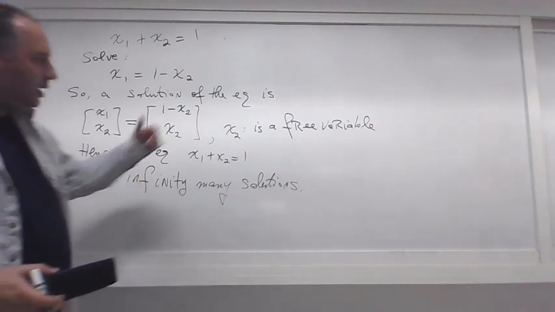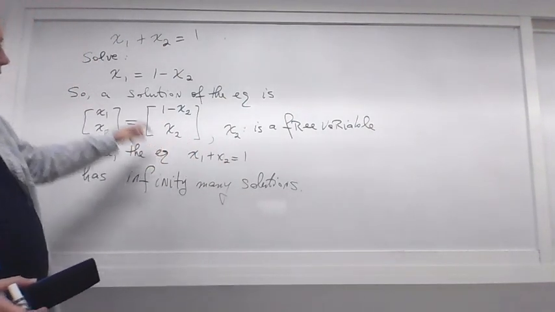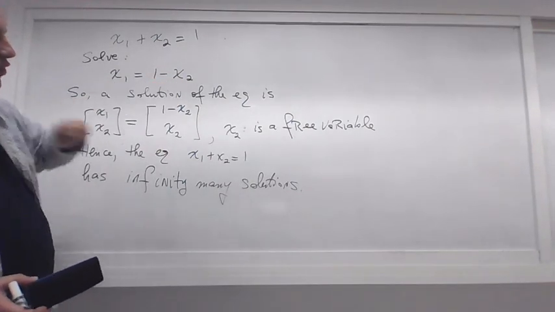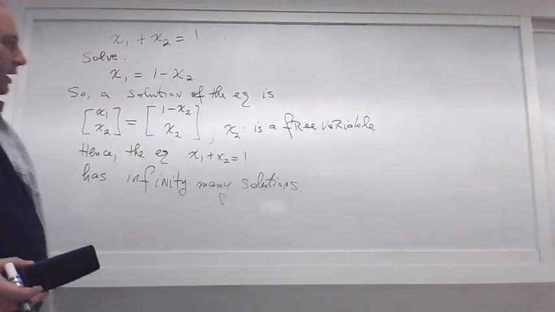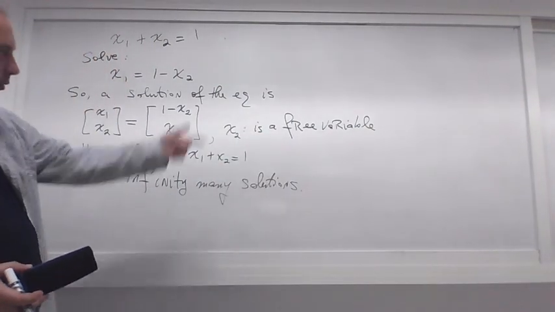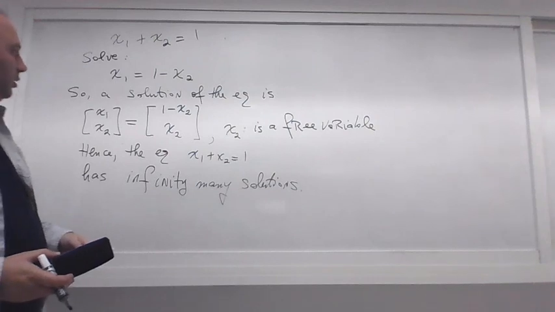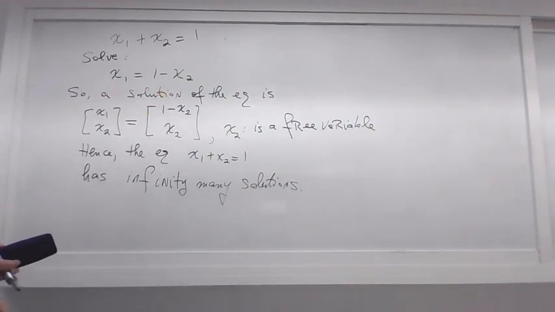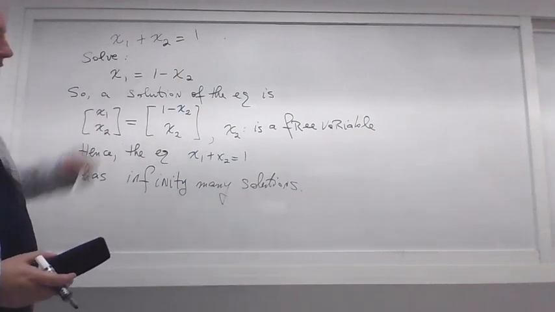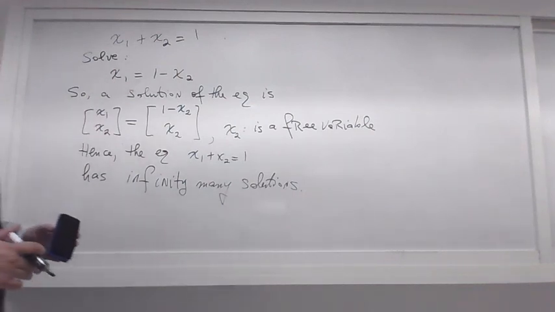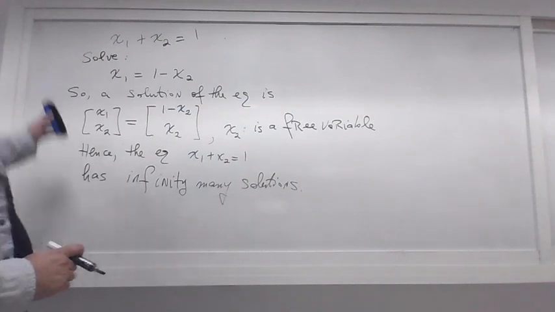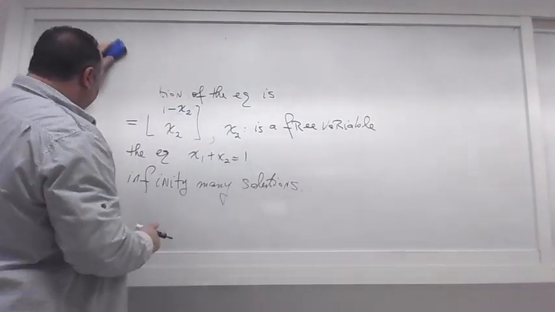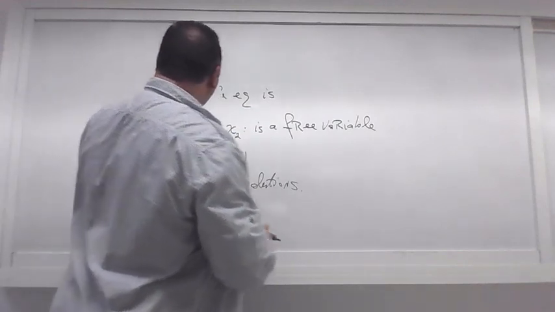But the idea here is to realize that you have one variable that depends on the other, and the other one is free, and it takes any real value. So that's where the infinitely many comes from. And the dependent variable is given by an expression. So this will be characteristic for everything we are going to see. So that's cute. And last one, just to see one example where a system doesn't have a solution.